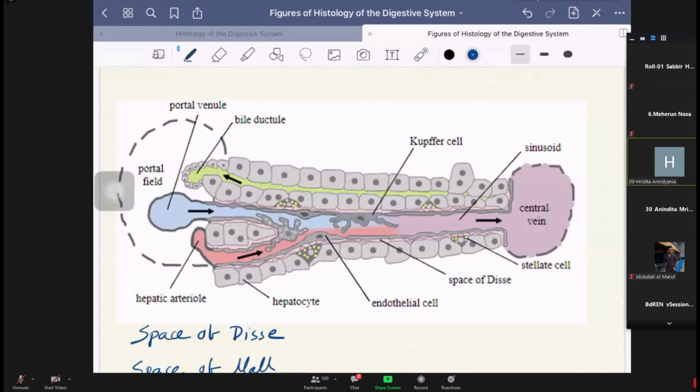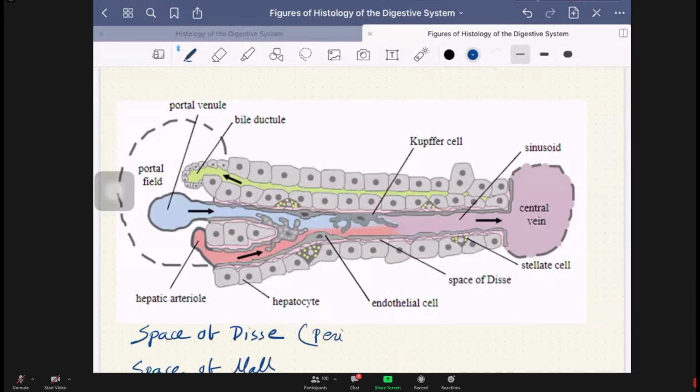Space of DC, it is also called perisinusoidal space, right? The space of Mall is called periportal space.